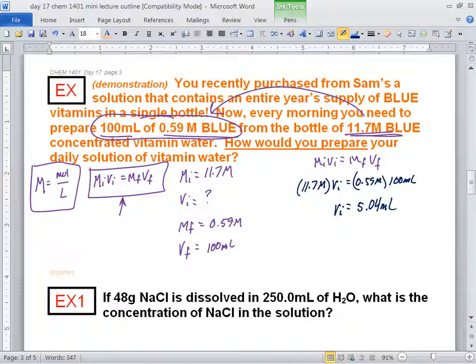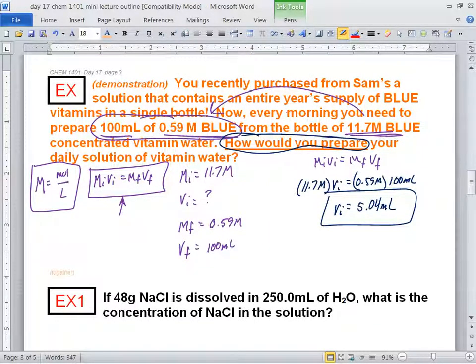But I'm getting old, my memory may have failed me. Did it? Oh, it is. Okay, so 5.04 milliliters. But this is a favorite thing of the homework. How would you prepare? You can't just draw a box around this and go on to the next problem. You're going to lose a lot of points. You've got to say how would you prepare it. So let me give you a little hint.